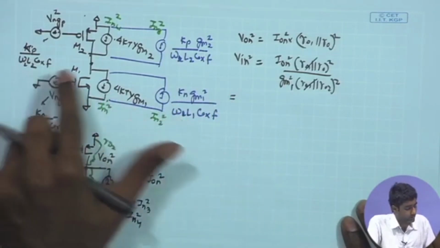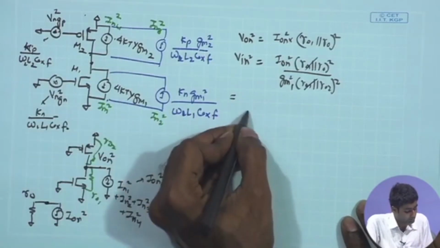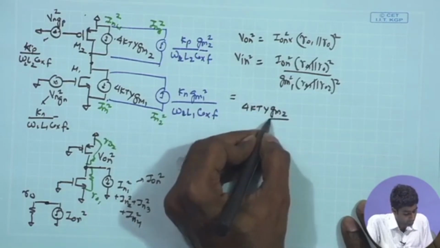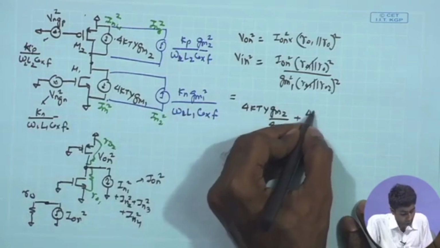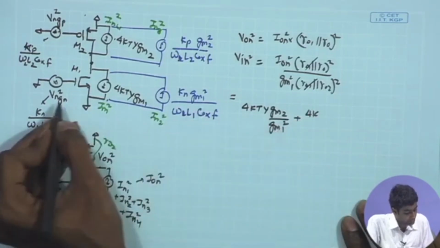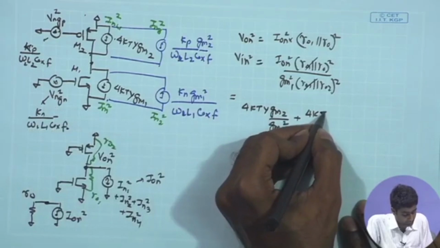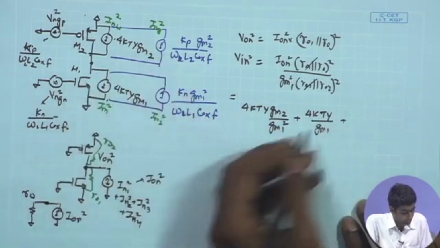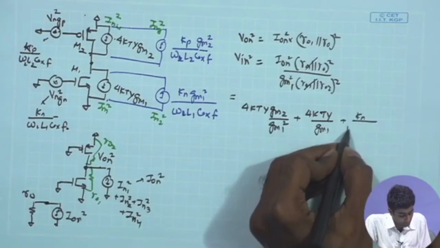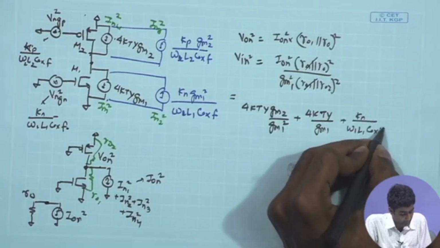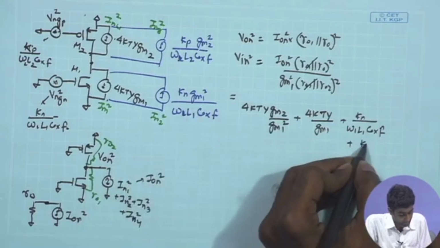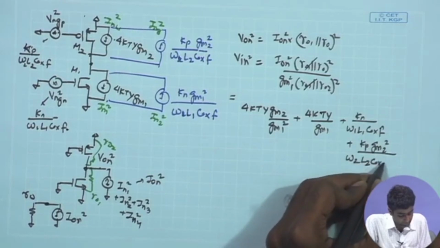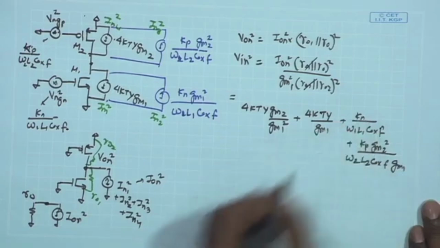So, if you look at the 4 kT terms, this is going to give me 4 kT gamma GM2 upon GM1 plus 4 kT gamma upon GM1, and then the other 2 terms, which is basically Kn upon W1 L1 COX f plus Kp GM2 square upon W2 L2 COX f times GM1 square.